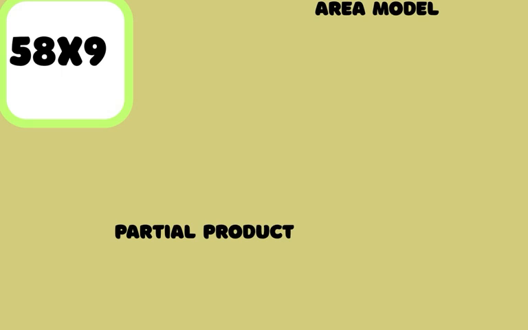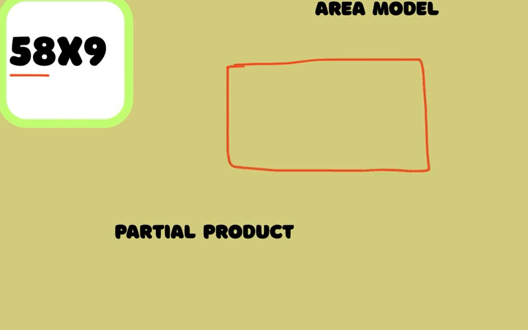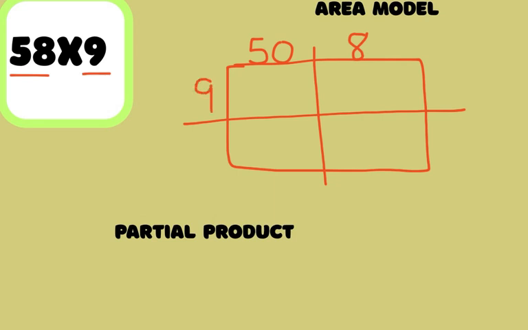Here's our last problem that we are going to do together, and that is 58 times 9. Again, I have that two-digit number, so I'm going to make sure that my area model represents just those two boxes. 58 can be broken apart or decomposed into 50 plus 8, and my 9, again, is a single-digit number, so I can just leave it by itself. 9 times 50 is that first partial product, which leaves me with 450, because 9 times 5 is 45.